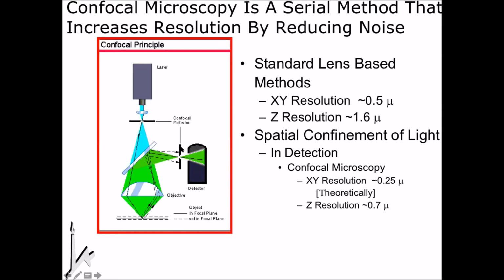And the broken line gets blocked from getting to the detector, and therefore you improve the spatial resolution by 2. And that doesn't even change the lens. It doesn't address any of the other issues, just getting rid of out of focus light. And it also improves Z, but not as much as you would like.